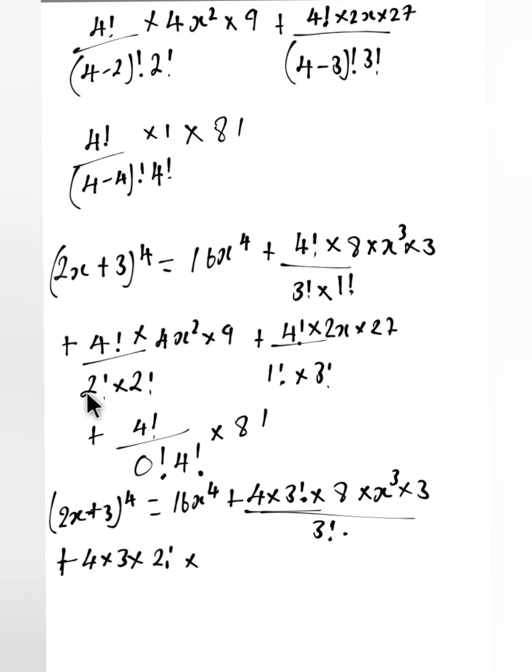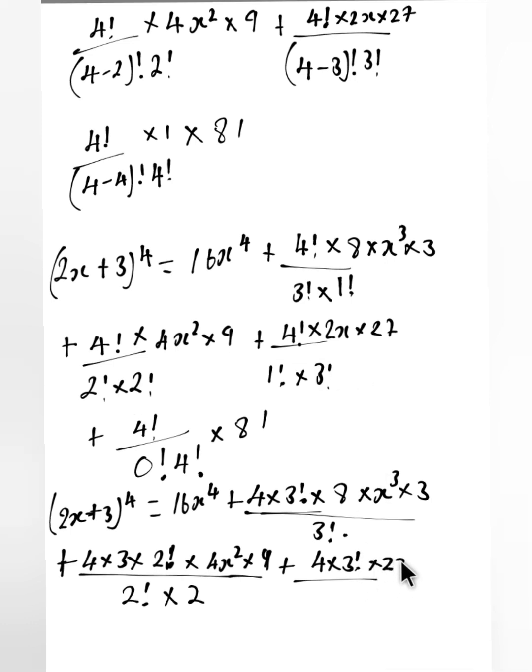We stop here because there's 2 factorial here, times 4x^2 times 9 all over 2 factorial times 2. 2 factorial is 2. Plus 4 factorial is 4 times 3 factorial times 2x times 27 all over 3 factorial.